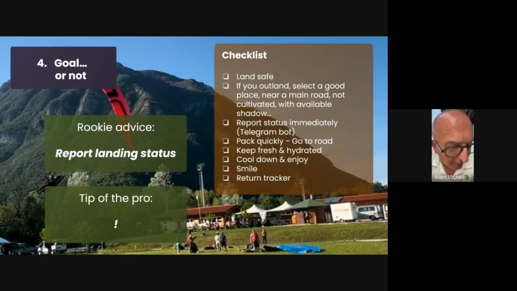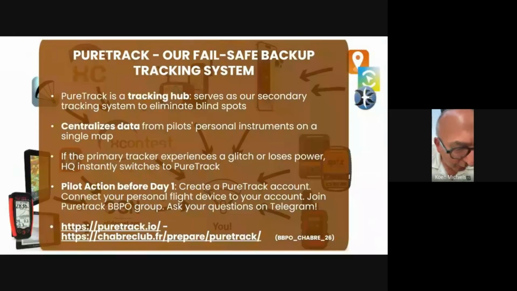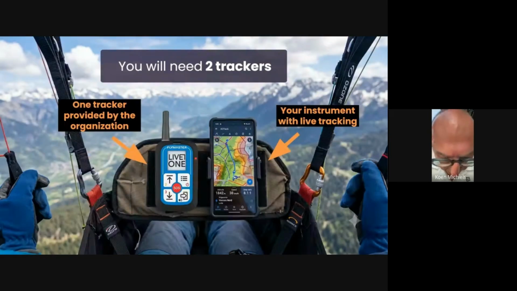Yeah, also what I was thinking about is where to put the tracker when you are flying, for good reception for the organization. If you put the tracker in your back, it will not allow the organization to follow you well.